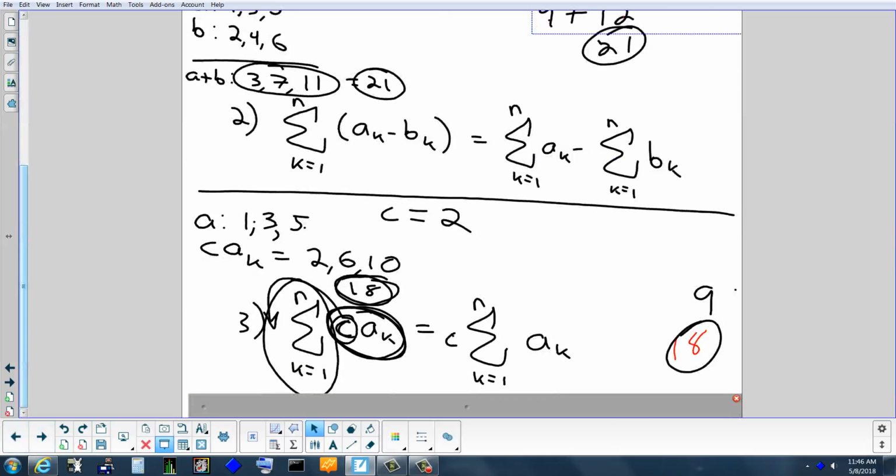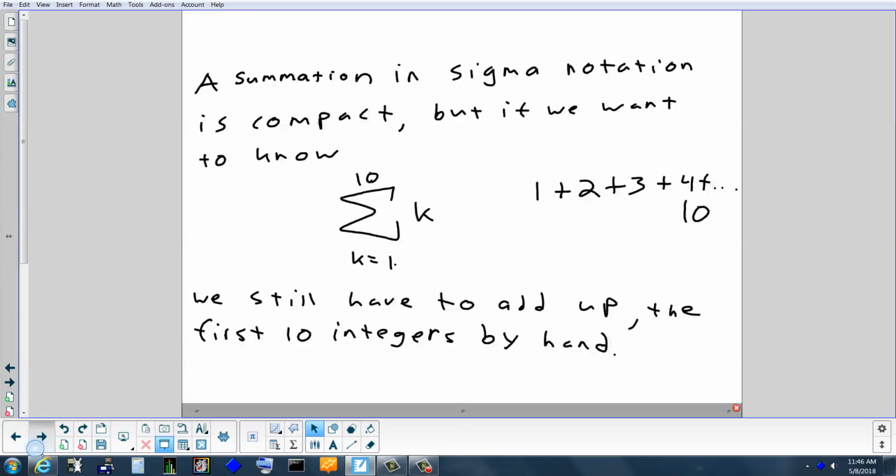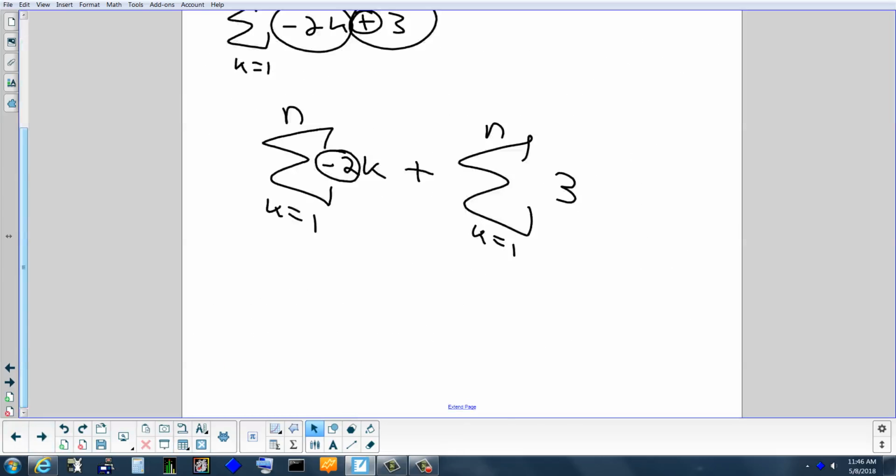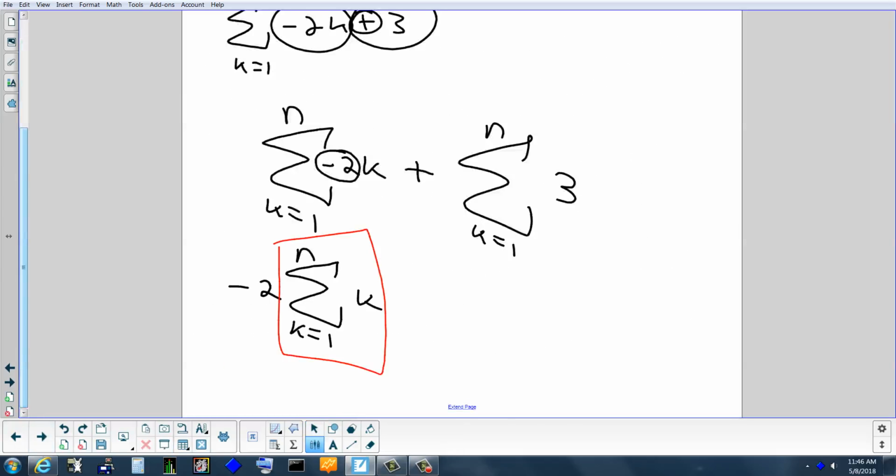You can put it in the front. So move that number to the front. And then I'll show you from there why we did this. So negative 2, and you have the sum from k equals 1 to n of k. Look at that very closely. What's in that red box? The sum from k equals 1 to n of k.